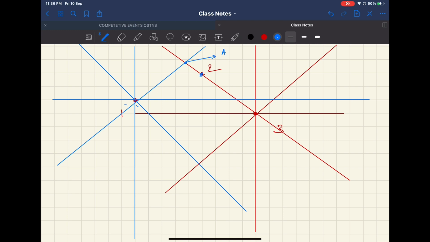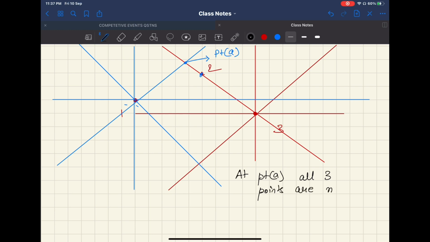This is the point marked, let's name it point A, and to move any of the 3 points we will need one step from each of the given 3 points. Like movement from 1 to point A, we will need 1 step. Let me show you.